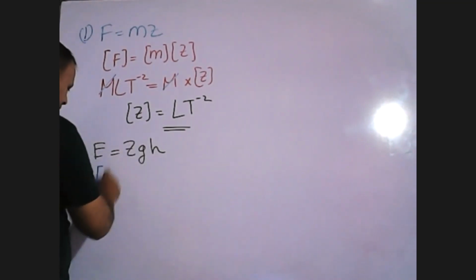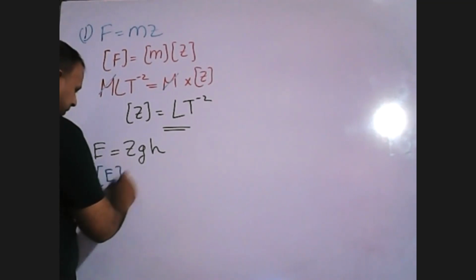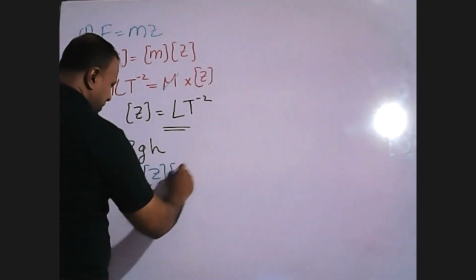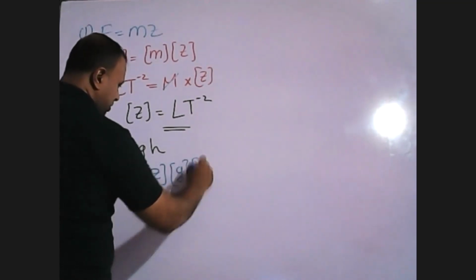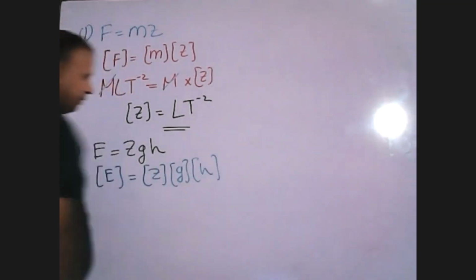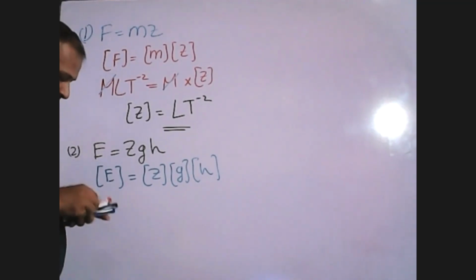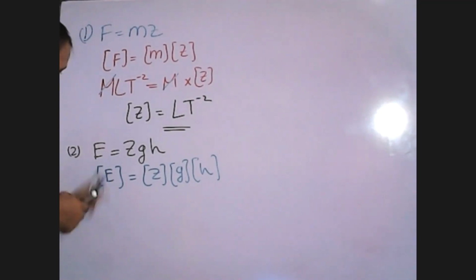So the dimension of E equals the dimension of Z into the dimension of G into the dimension of H. After that, you have to apply the dimension of each and every physical quantity.